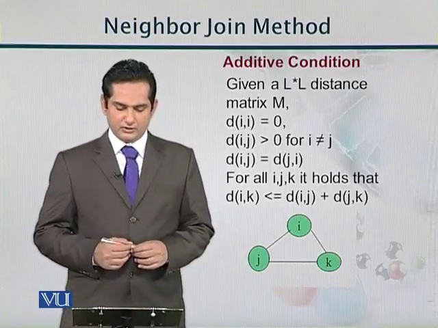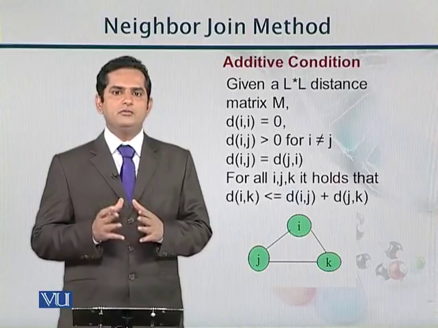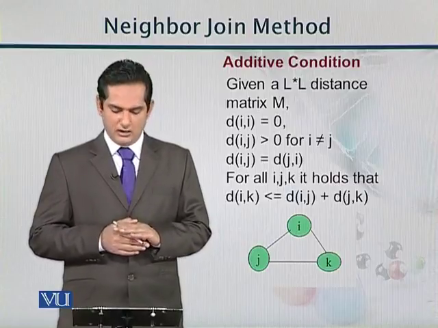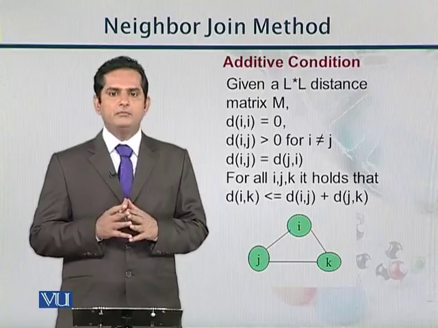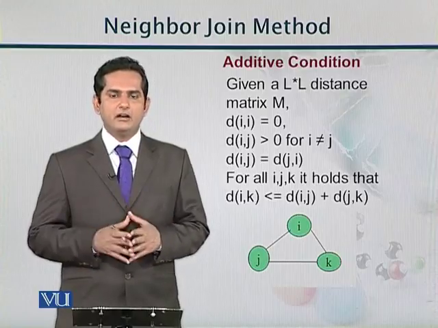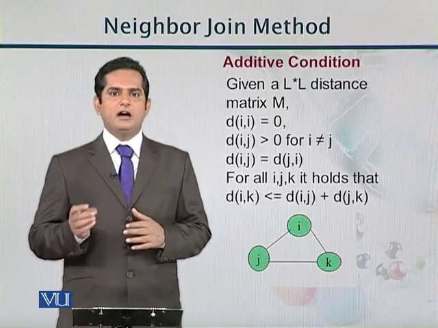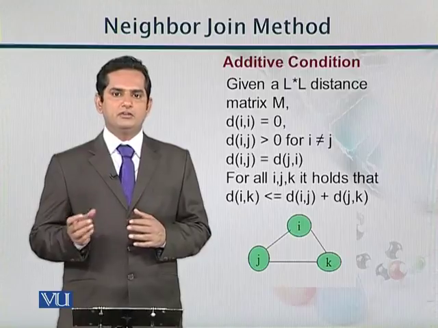What is the additive condition? For the additive condition, we will have to look into some mathematics. Basically, if we have a matrix M with distances L into L, so rows and columns which are L, then what is the additive condition? The distance Dii between a set and itself is equal to 0.